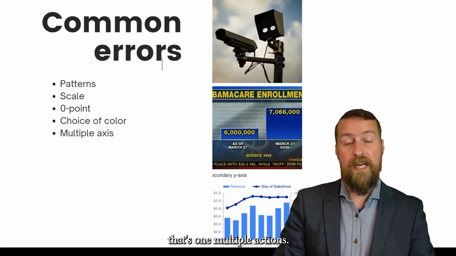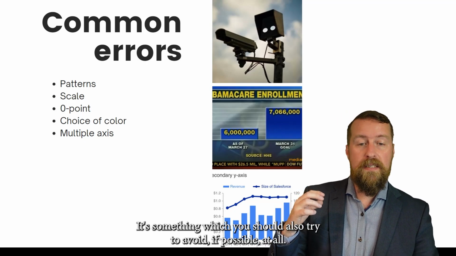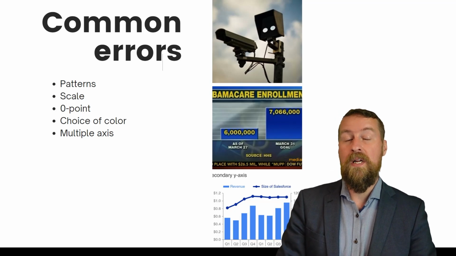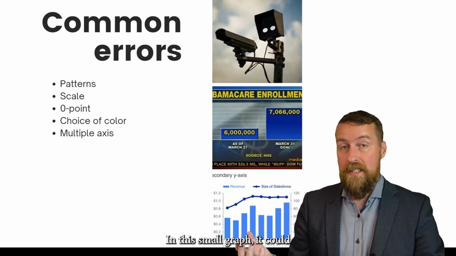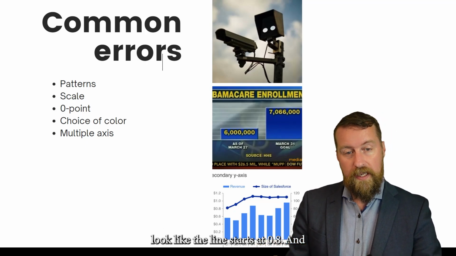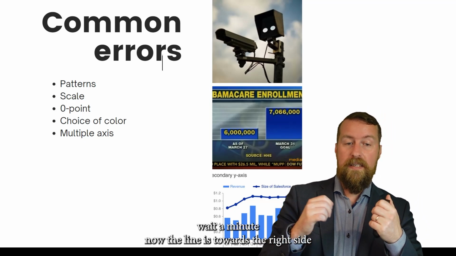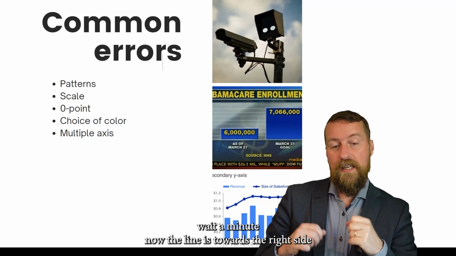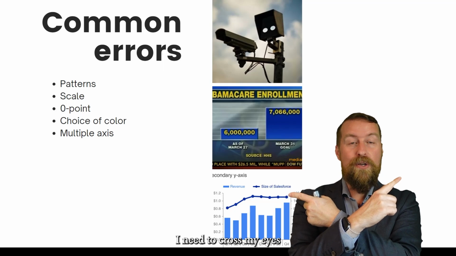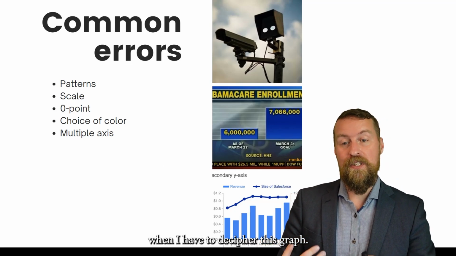Last one, multiple axes. That's also the last image I have down here. It's something which you should also try to avoid if possible at all. In this small graph, it could look like the line starts at 0.8 and ends at, wait a minute, no, the line is towards our right side and the bars are to our left side, which means that I need to cross my eyes when I have to decipher this graphic.